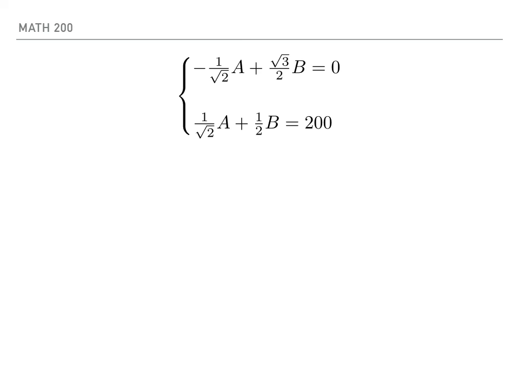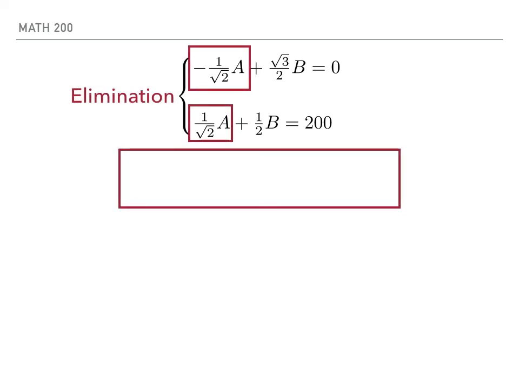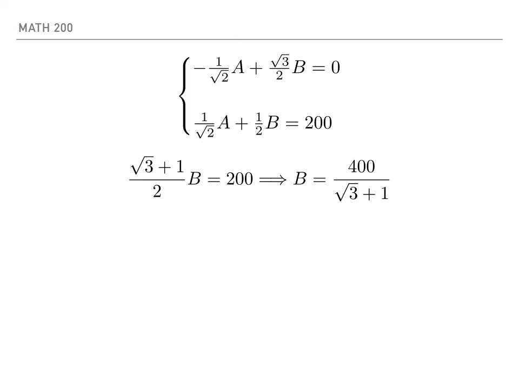Now, you can do elimination or substitution, or if you've done matrix stuff before, you can do it with matrices, but I like elimination. It works pretty easily here. If I add the 2 equations together, I get that. Right away, that tells me what B is. All right, great.